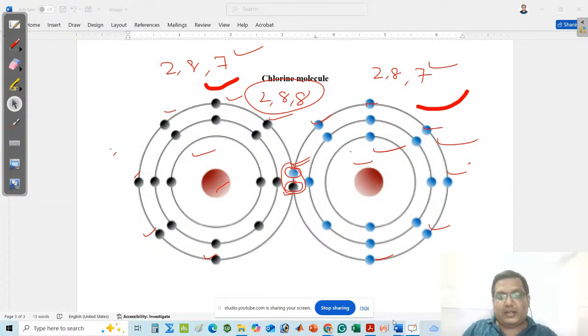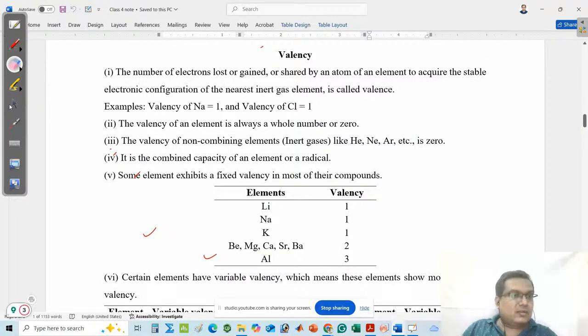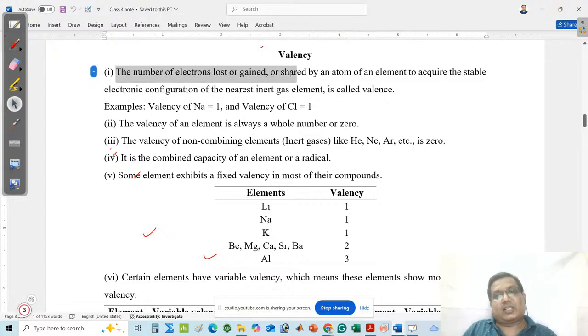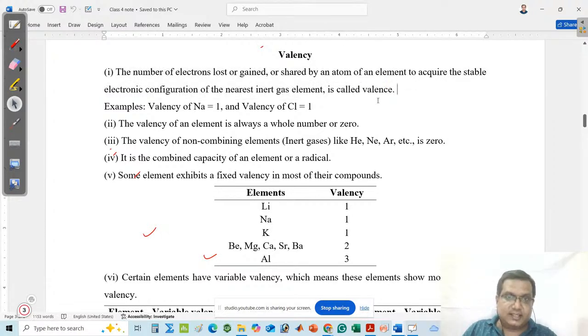We can conclude an important point: what is valency and what are the examples of valency. Look at that. What is the sentence given here? Lost or gained or shared of an electron. The number of electrons lost or gained or shared by an atom of an element to acquire the stable electronic configuration of the nearest inert gas element is called valency.